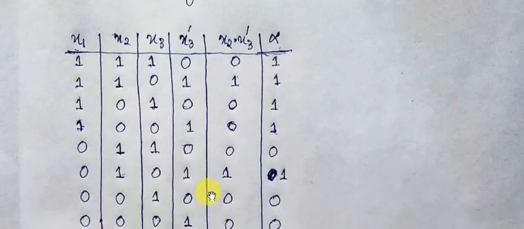And here in this row we have taken the value of x1 equal to 0, value of x2 equal to 1, value of x3 equal to 0, and x3 complement means 0 complement, this is 1. So x2 into x3 complement, this is x2, and this is x3 complement.